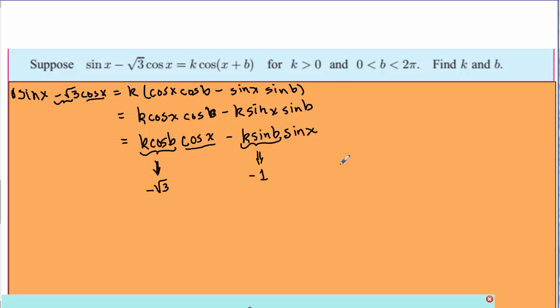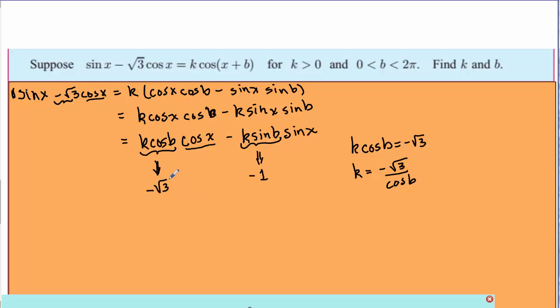So how can we work with that? Well, let's write that equation. k cosine b equals minus root 3. Well, let's solve that for k. That means k is equal to minus root 3 over cosine b.